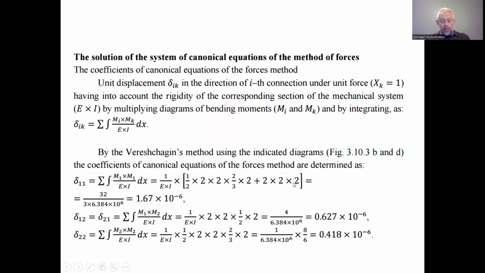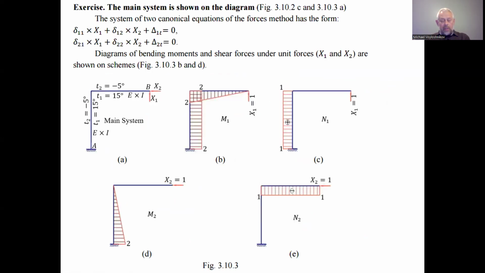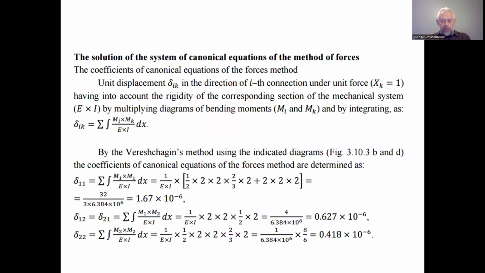And by 2 is the third factor, 2 is the magnitude in the middle of this vertical part of the mechanical system, the magnitude of the bending moment diagram. Because in accordance with the Vereshchagin rule, we have to find the product of the bending moment diagram area by the magnitude of the bending moment diagram under action of the unit force.